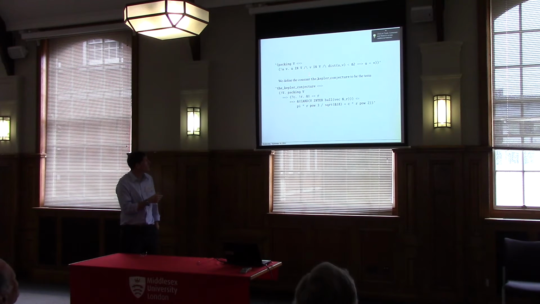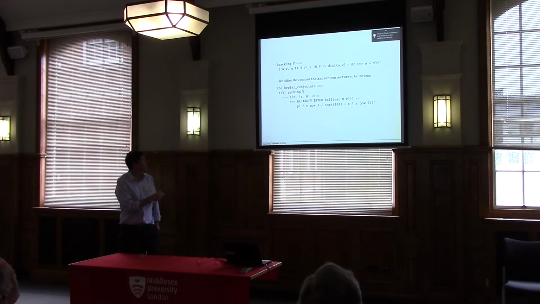This is conjunction, if and only if, implication, and so forth. HOL Light makes a distinction between natural numbers and real numbers, and this is the embedding of natural numbers into the real numbers. It's a little bit ugly to have this extra symbol, but this is 2 read as a real number.